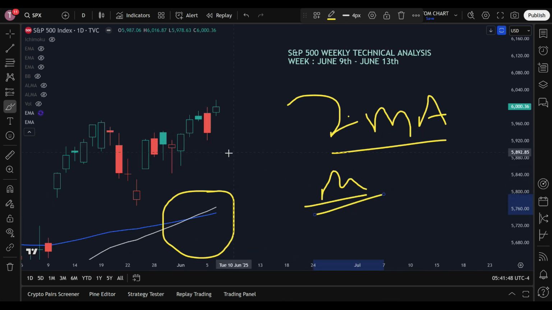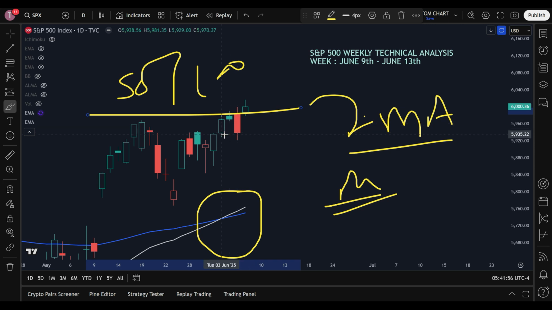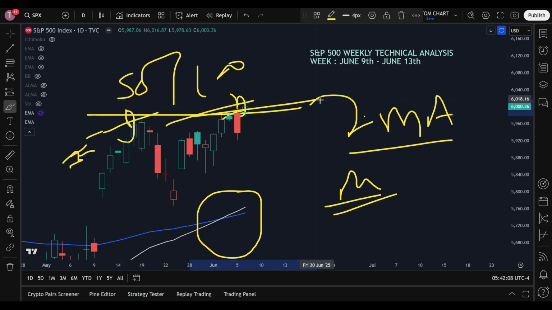But for all others, these are the two moving averages: one is the 50-day and one is the 100-day. I'm not saying 50 periods that may include hours or minutes. I'm saying the 50-day moving average and the 100-day moving average. These two are the standard moving averages that we use in the stock market.